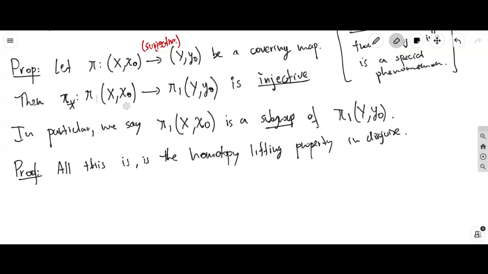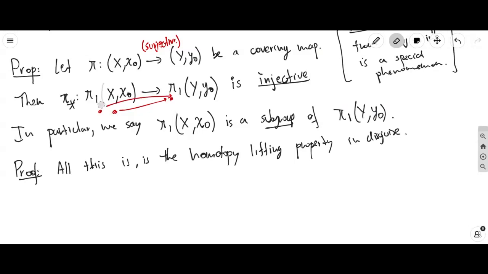How do you show that something is injective? If you have two things and they map to the same thing, then it means that the two things had to be the same to start with. That's what injective means. Now, think about this. If you have two homotopy classes and they map to the same class, then what are you saying?